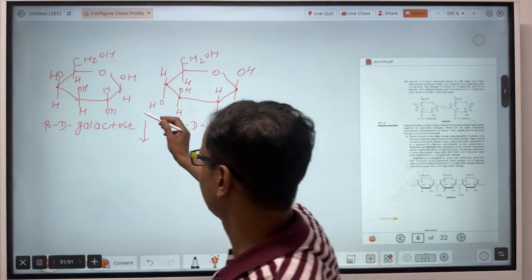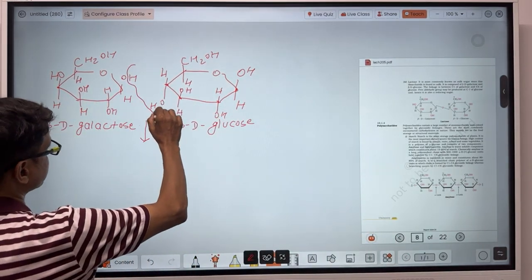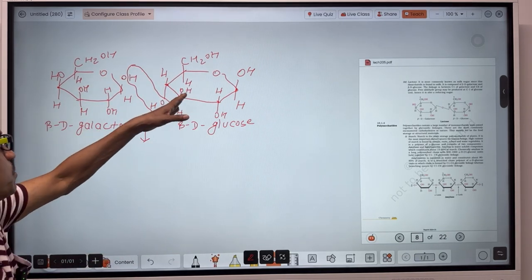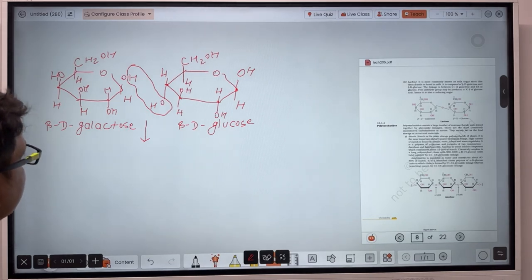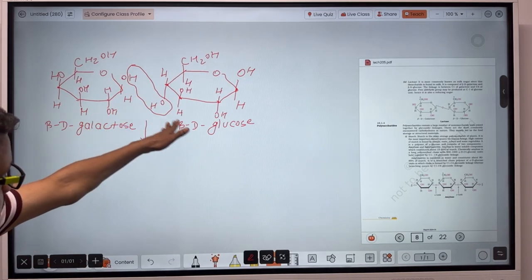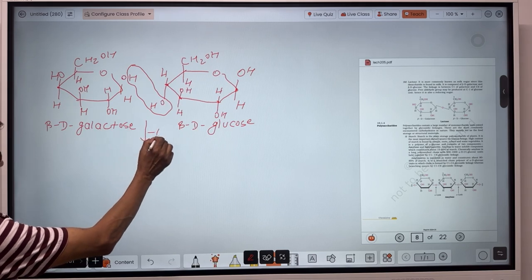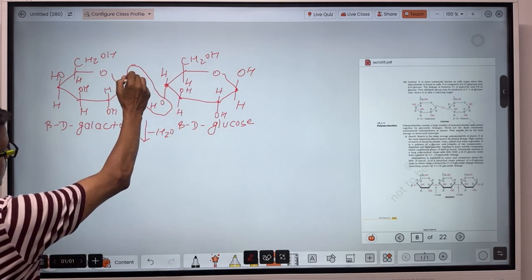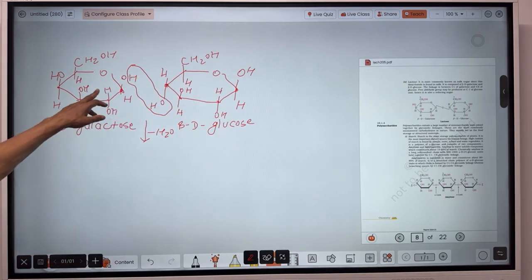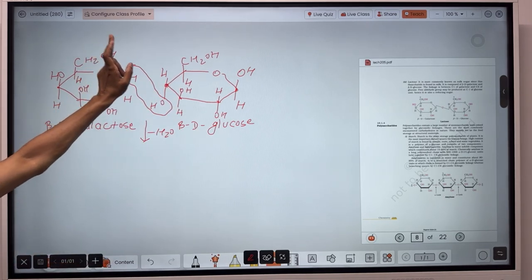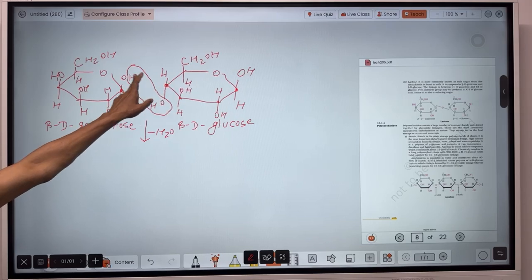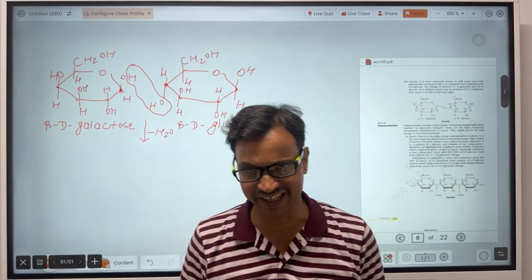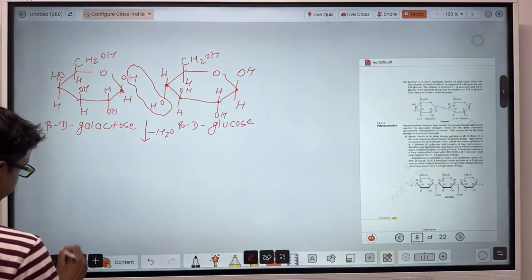The OH of this galactose will combine with the hydrogen of glucose, so there will be removal of water. This carbon and this carbon will be bonded with each other through this oxygen. That means the first carbon atom of galactose will be bonded with the fourth carbon of glucose through this oxygen, and that bonding will be called glycosidic bonding. So that is the structure.